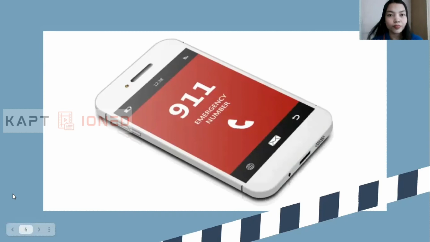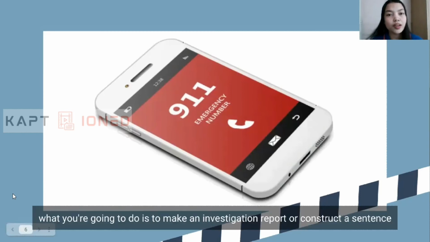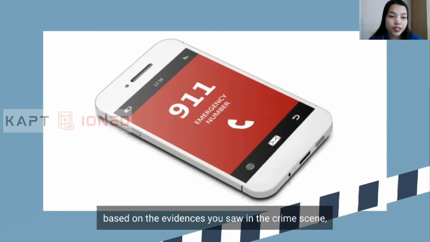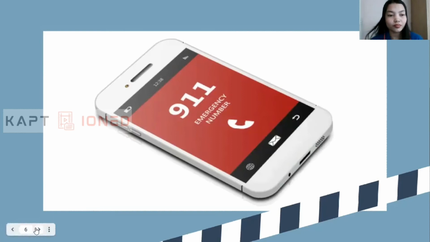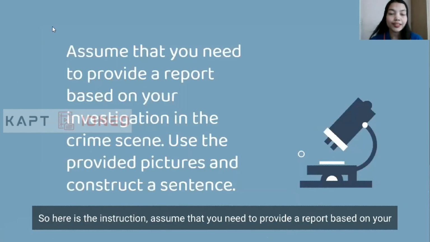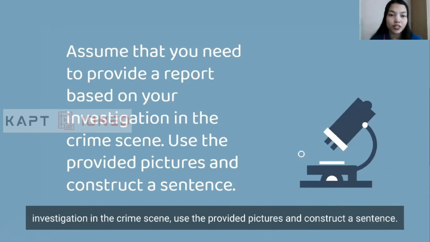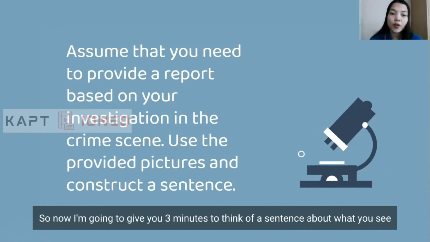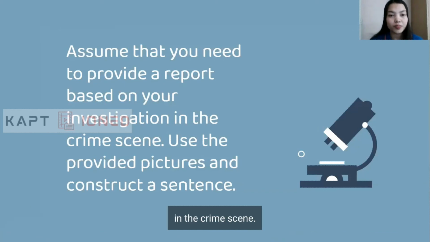What you're going to do is to make an investigation report or construct a sentence based on the evidences you saw in the crime scene. Here is the instruction. Assume that you need to provide a report based on your investigation in the crime scene. Use the provided pictures and construct a sentence. I'm going to give you 3 minutes to think of sentences about what you see in the crime scene.